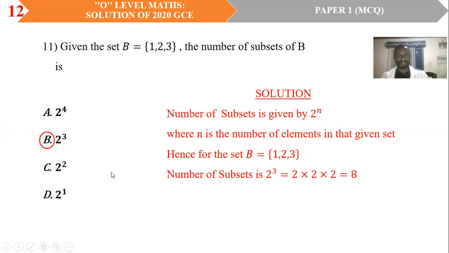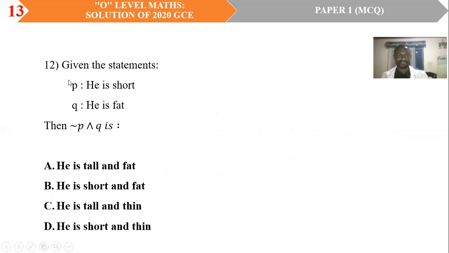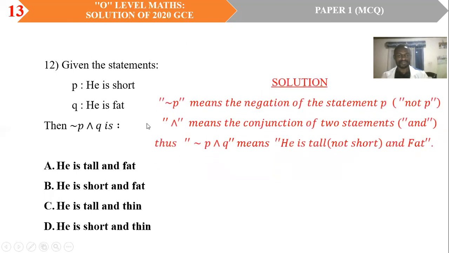Answer B. Question 12. Given the statement P such that he is short, and Q is a statement such that he is fat, then not P and Q is? In logic we call this not P and Q. Solution.